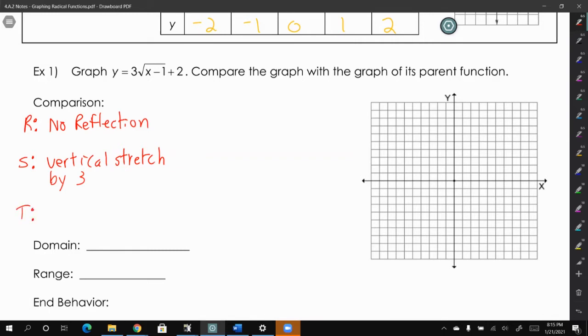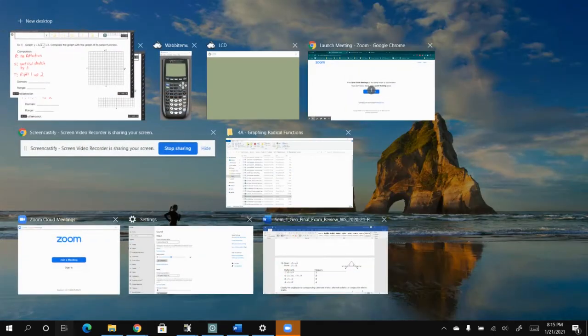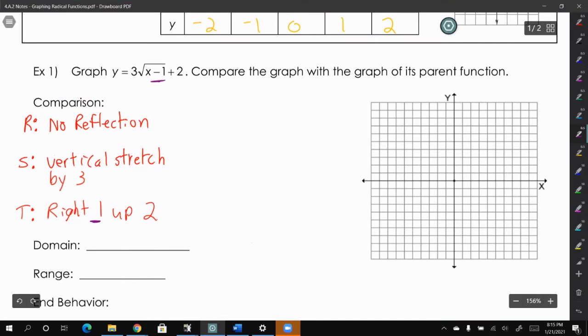Translation, we are translated right 1 and up 2. And again, the way we know that is we have a minus 1, so that's going to be going right 1. And then this plus 2 on the outside means we're going to go up 2. And this is our A value.